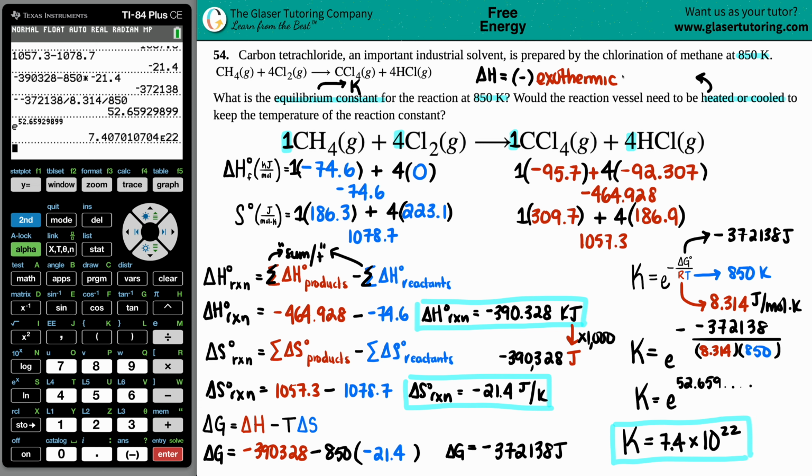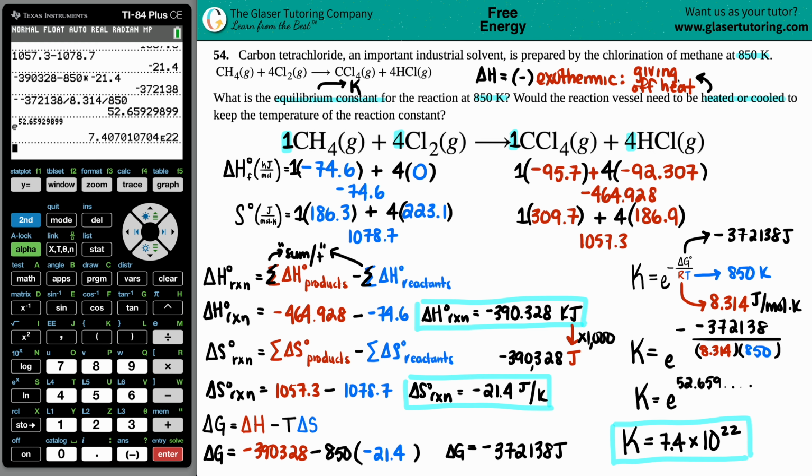And that always means that we are losing heat, right? We're giving off heat to the surroundings. So that means that the surroundings are going to start getting hot, right? So if you want to keep that temperature constant and you're giving off that heat, you kind of have to do the opposite.